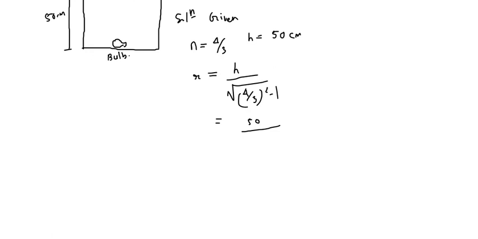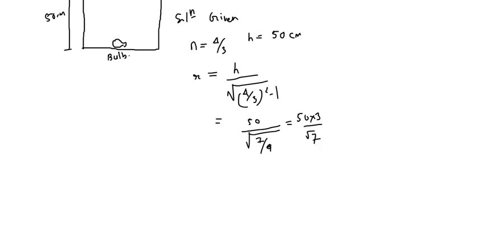This will be 4 square, which is 16, and it is a 9. So 16 minus 9 is 7, so it is 7 by 9. So 50 by root over 7 by 9, which you can write as, square root of 9 will come as 3, so 50 into 3 by root 7.